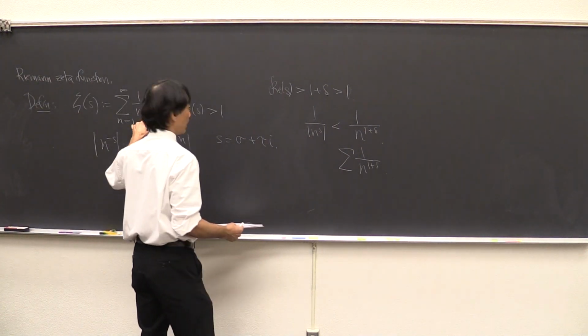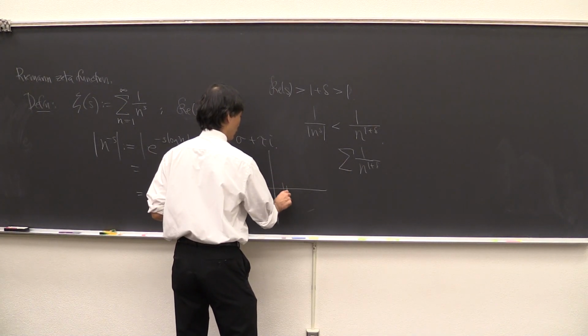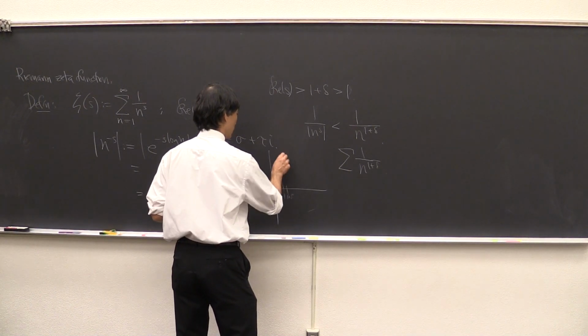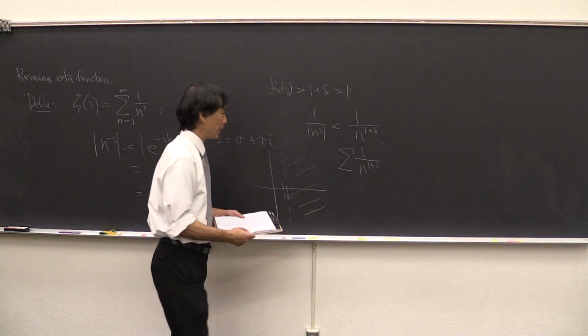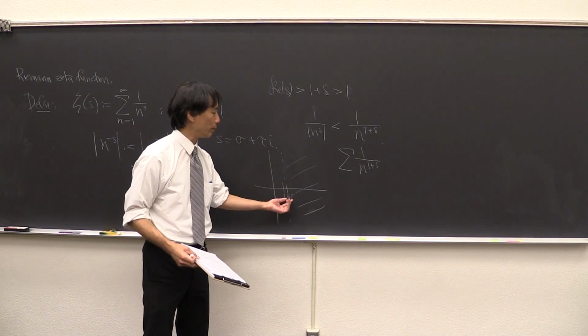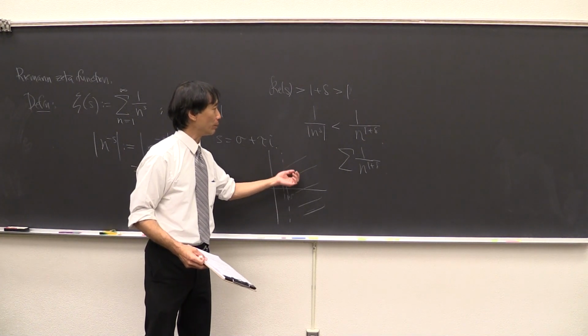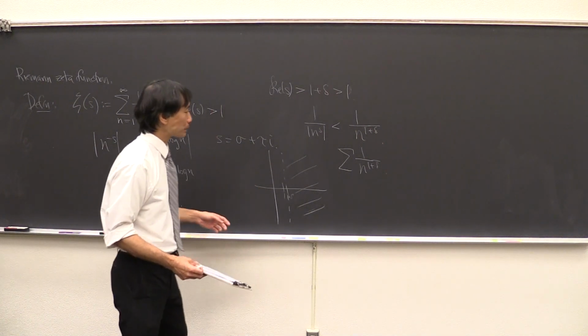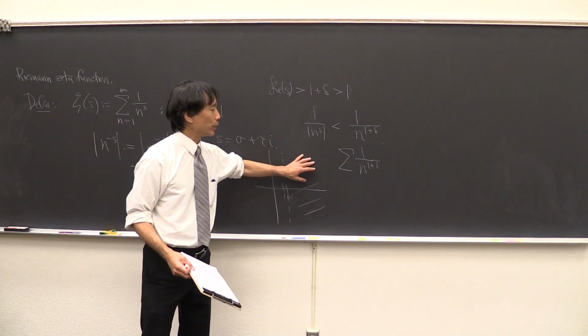So on the right half plane, with real part greater than or equal to 1 plus delta, we have uniform convergence by the Weierstrass M-test.